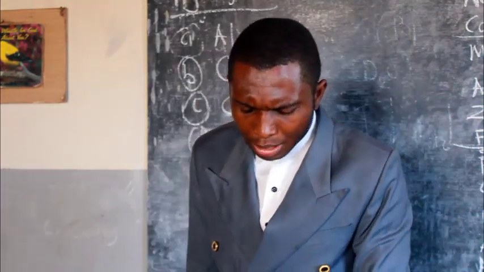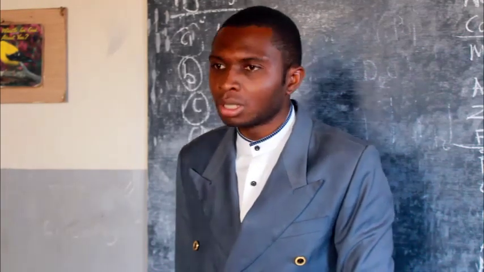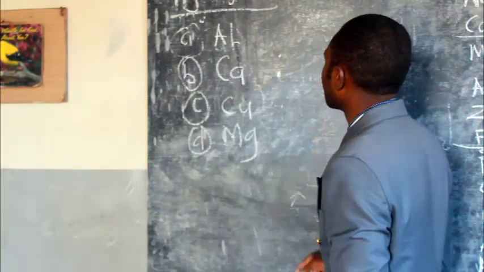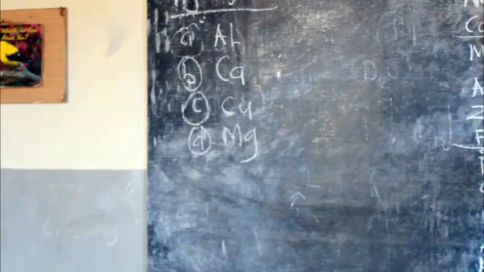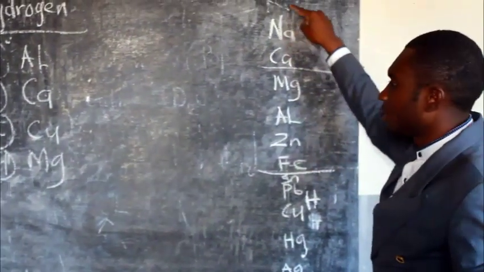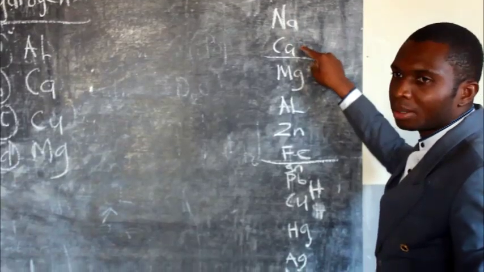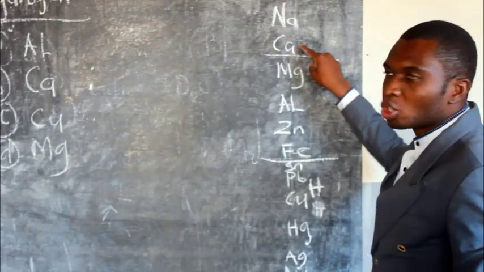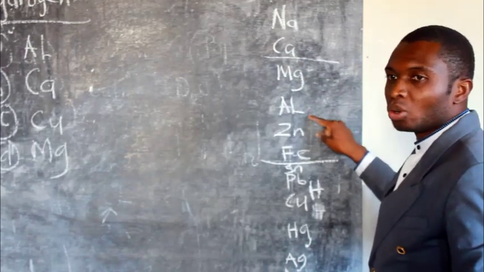So I repeat the question. Which of the following metals will react with cold water to produce hydrogen gas? Look at the activity series: metals that are highly reactive can react with cold water to liberate hydrogen. Some of them you need to heat the water, like iron.